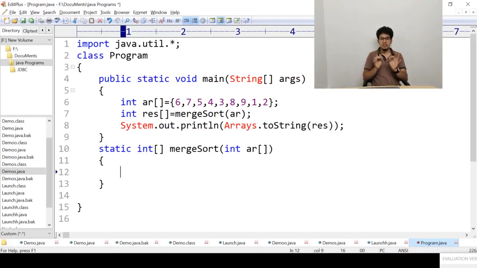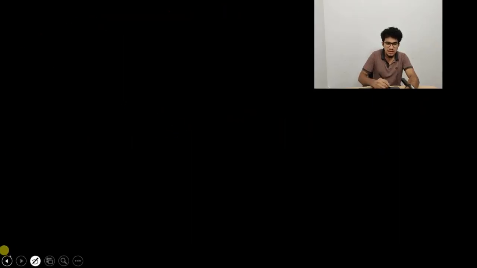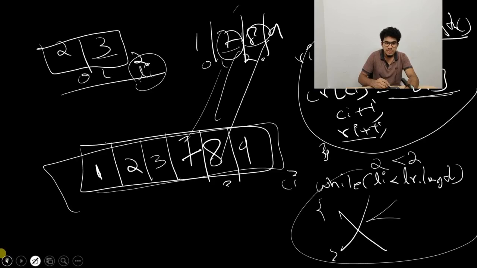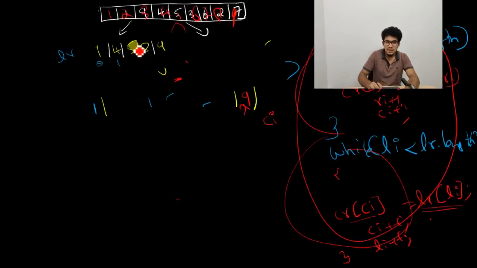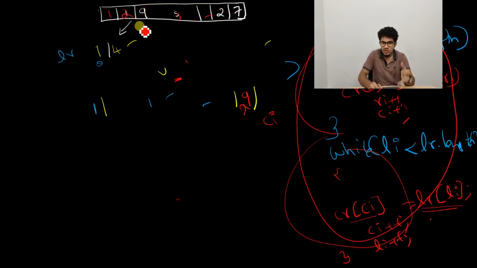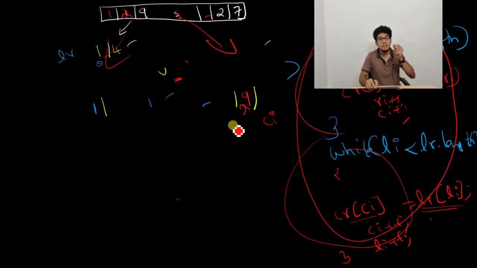Okay, so now we have to define what happens whenever this merge sort method gets one array. In the beginning, someone gave this array and I split it into 2. Merge sort was that method which, whatever array it got, kept on splitting it into 2 until there was a stop.